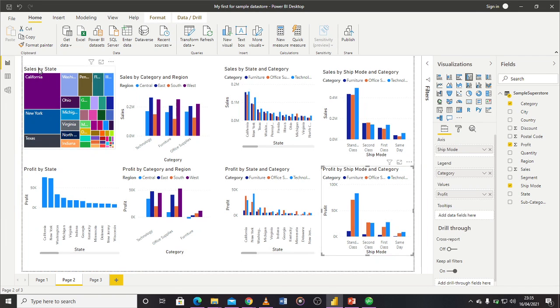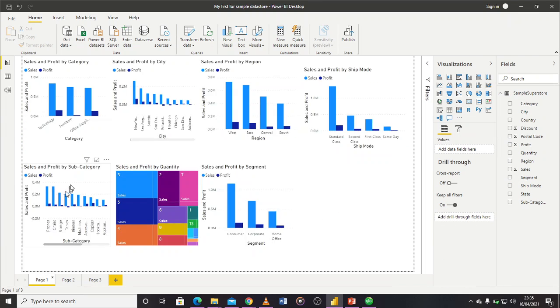In conclusion, it can be surmised that certain states, categories, and subcategories are not doing well. The table subcategory has a negative profit. There might be a need to do away with the sales of tables, considering the sales are high, but the profits are very low or even non-existent.